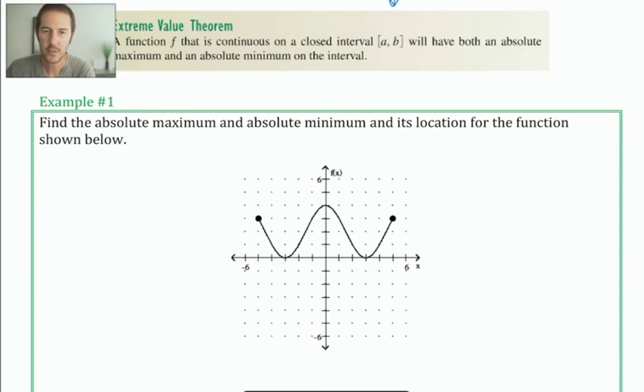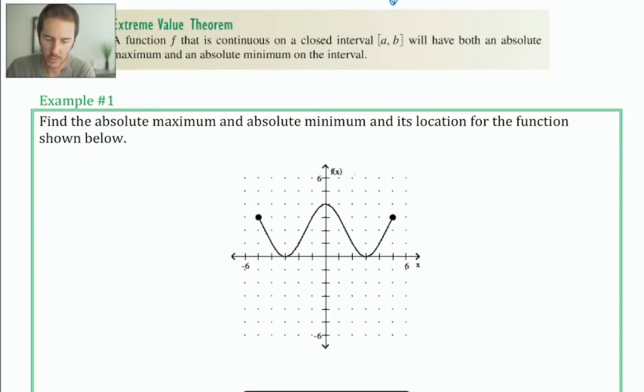So the absolute maximum, which is our largest y value, is occurring right here at the top of this hill, so to speak, and it looks like it has a y value of 4. So I would say that our absolute maximum is 4, and our absolute minimum occurs here and here.